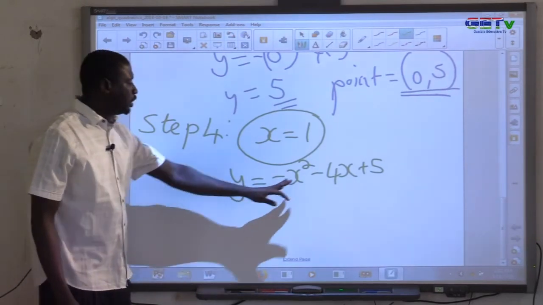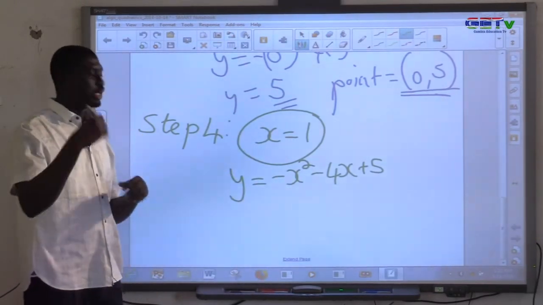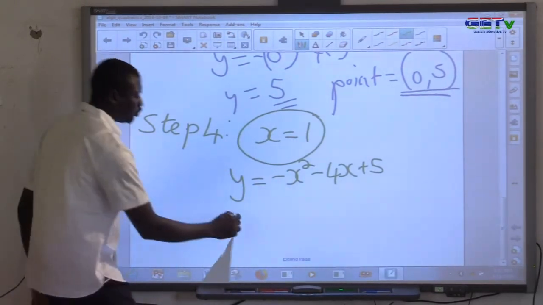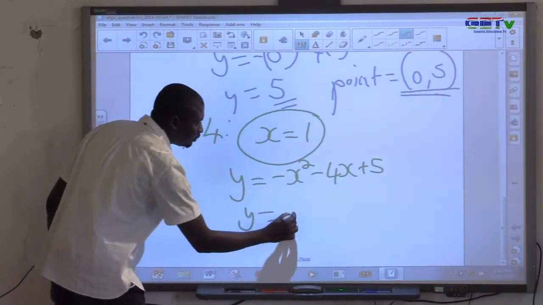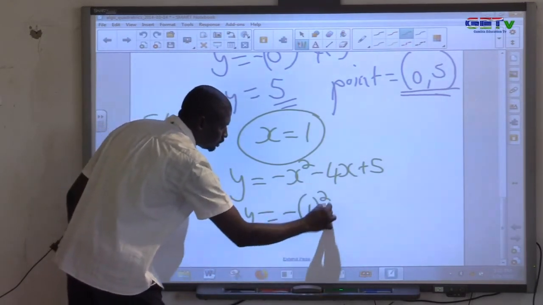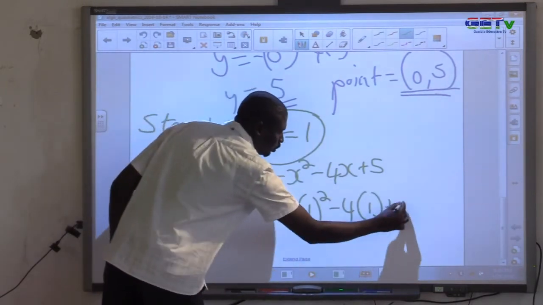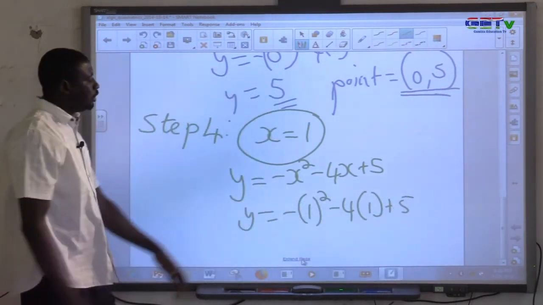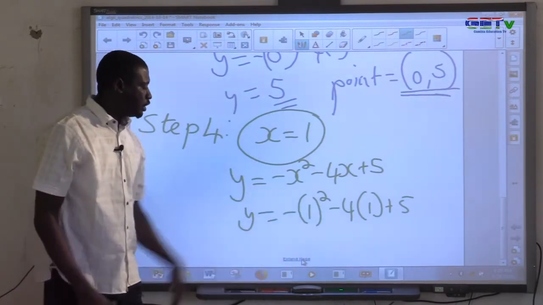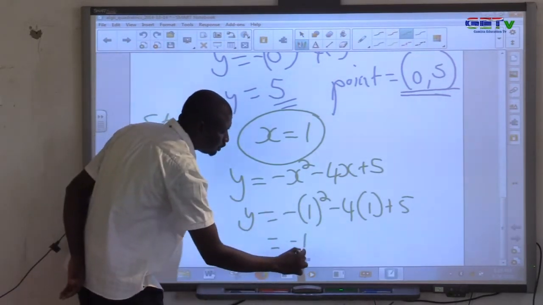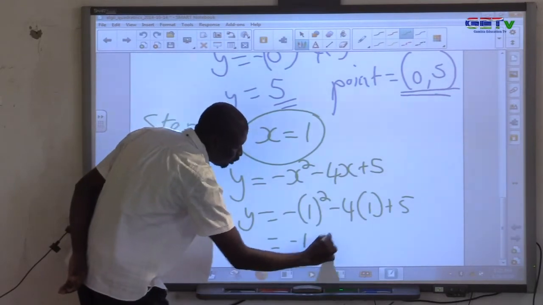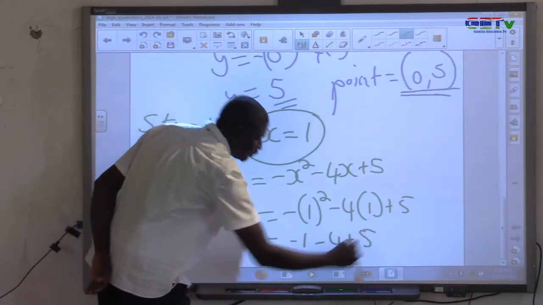If we substitute in place of x there 1, we'll get our y output. So y is equal to negative 1 squared minus 4, in bracket we are substituting 1, plus 5. 1 squared there is 1, so automatically we'll have negative 1 minus 4 plus 5.